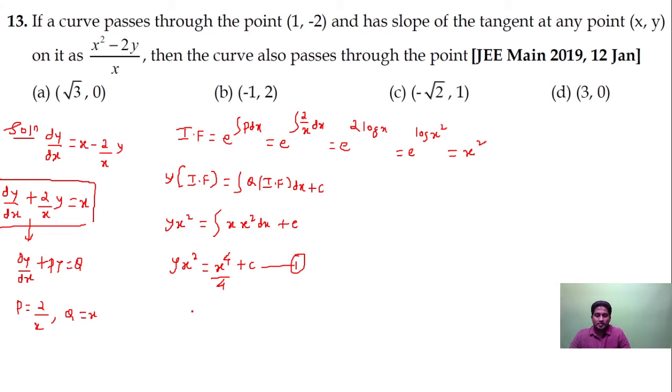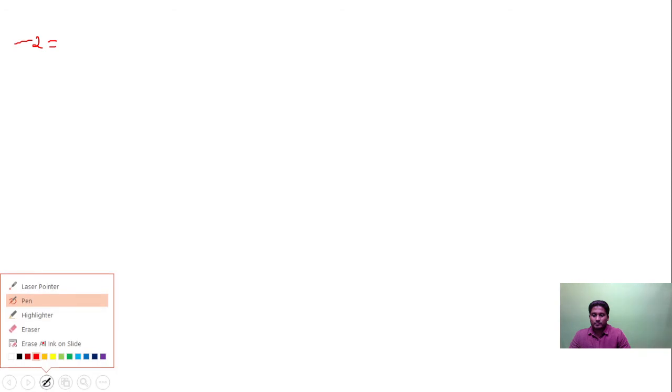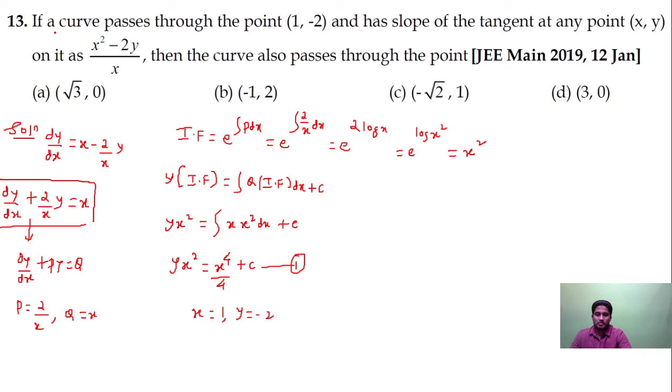It's given in the question it passes through the point 1 comma minus 2. You put x as 1, y as minus 2. So minus 2 is equal to, x is 1, y is minus 2, so this is 1 upon 4 plus c.